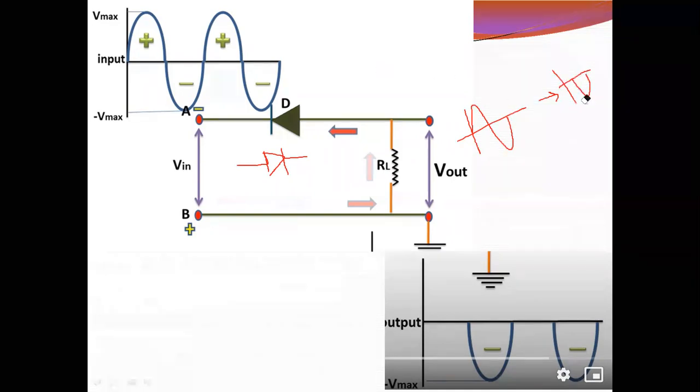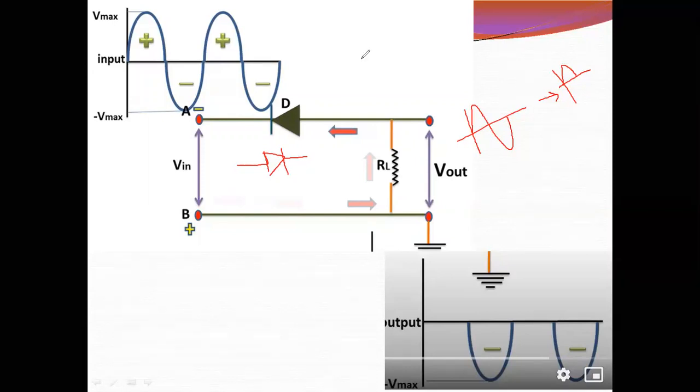The negative portion will be removed. I hope you understand my concept. That's about the series positive clipper and series negative clipper.